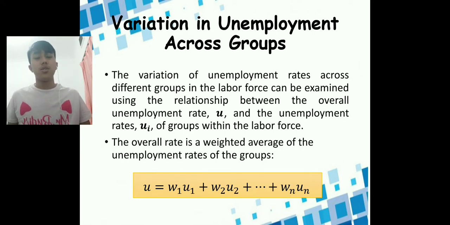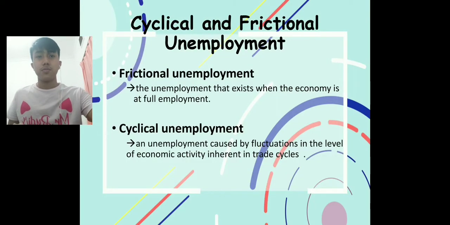Here i means the group. The overall rate is a weighted average of the unemployment rates of the groups. That's the formula, and the W represents the weight. Let's move on.